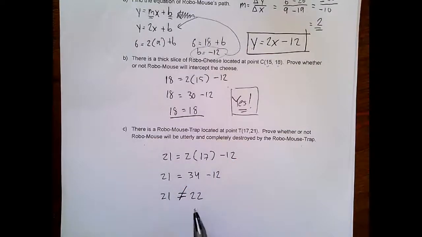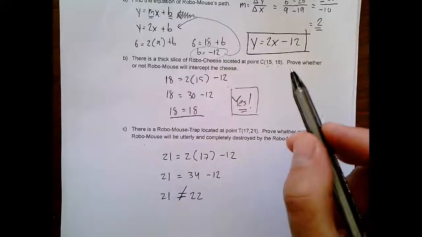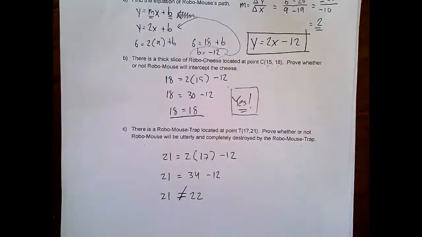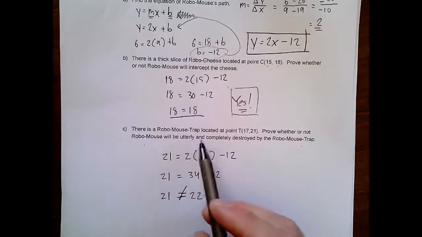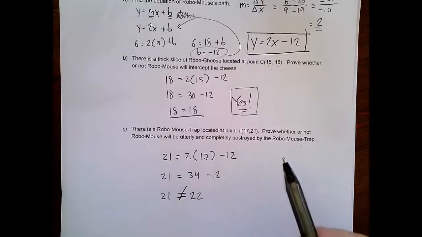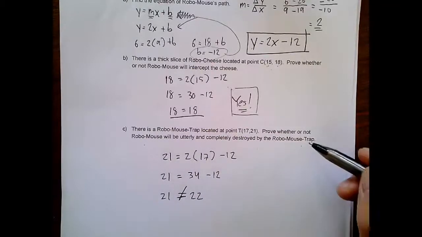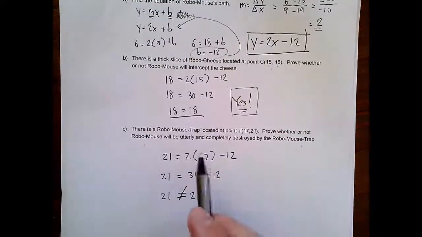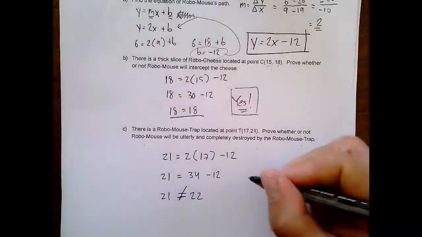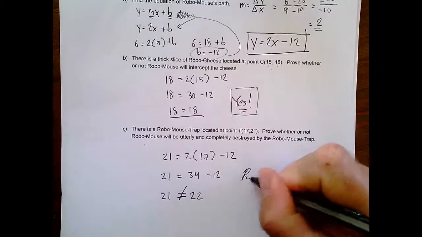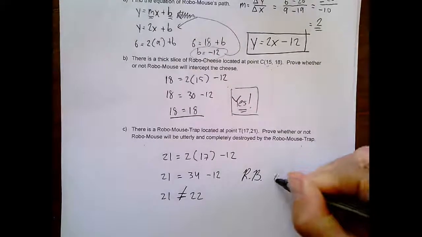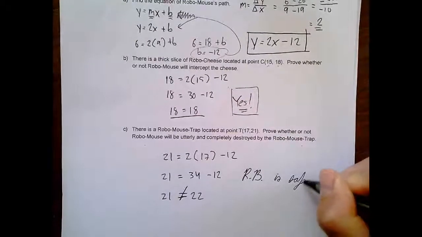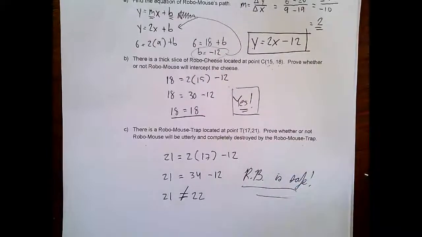So this is not true, which means this point is not on this line, which means happy day, robo-mouse will not be utterly and completely destroyed. How do you write that answer? You could write out robo-mouse will not be utterly completely destroyed. I'm just going to write RB for robo-mouse is safe. Hooray! Happy day.